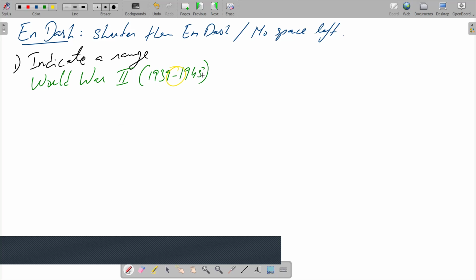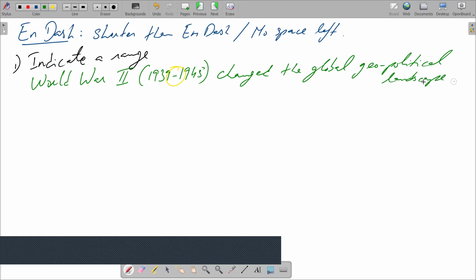And this is a range, the range of years. All right, so World War II, 1939 to 1945, changed the global geopolitical landscape.